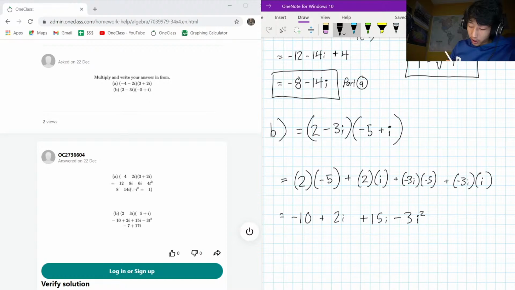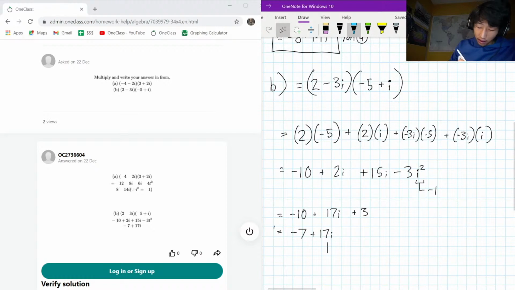Now we know that i squared is equal to negative 1. So we can rewrite this. After combining like terms, we have negative 10 plus 17i plus 3, because the negative 1 and the negative 3 neutralize to positive 3. And this can be rewritten as negative 7 plus 17i.